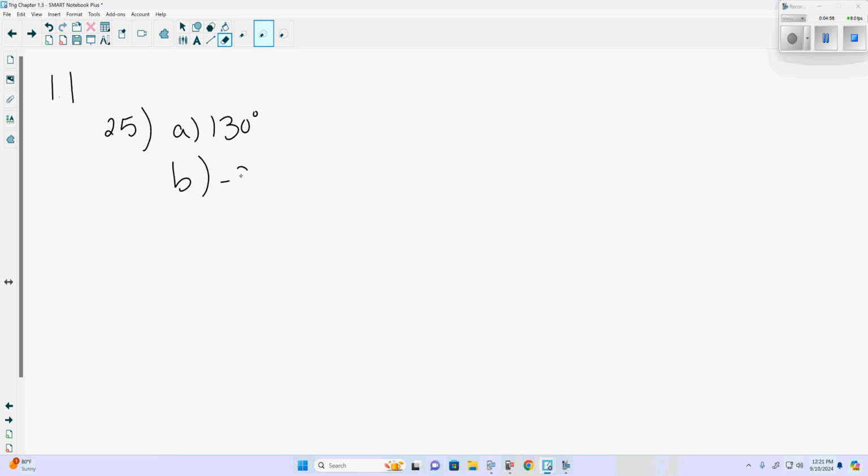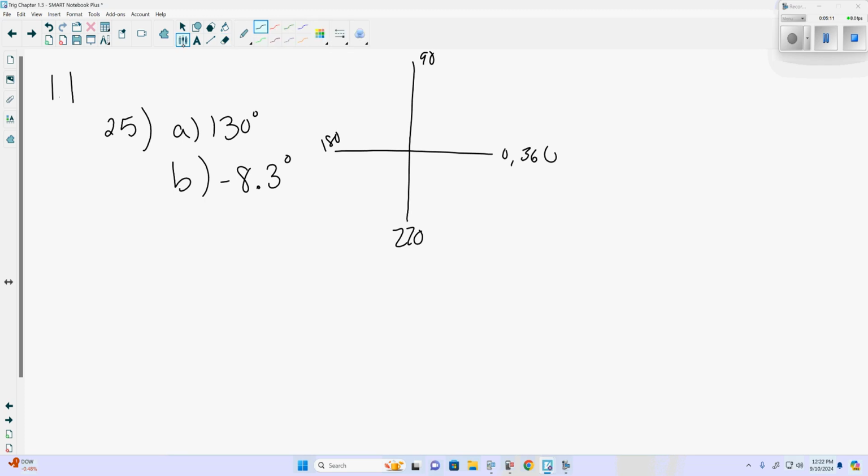So with these two here, because 90, 180, 270, and 0, comma 360. Now A, 130, is going to be over here in quadrant 2. Now negative degrees, we go clockwise.